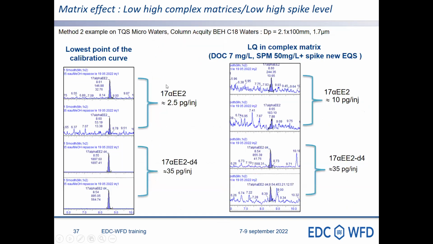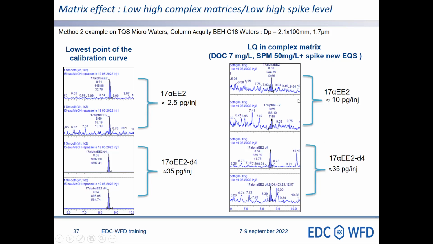Once again, some demonstration of the importance of the matrix. Here you have another instrumentation, another approach. For estradiol, here you have the chromatogram of the lowest point of the calibration curve, which is the equivalent of 2 micrograms injected of estradiol. And here you have the internal standard.